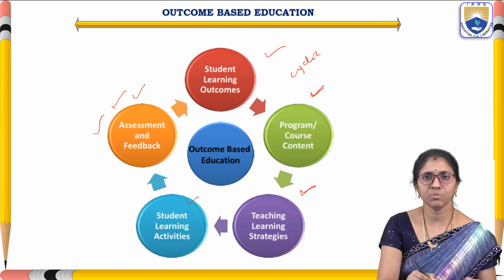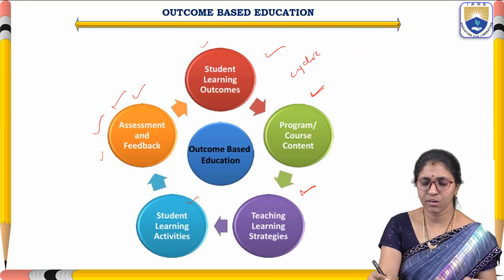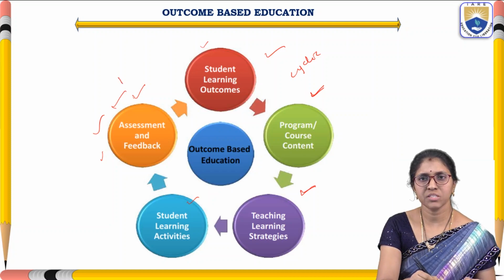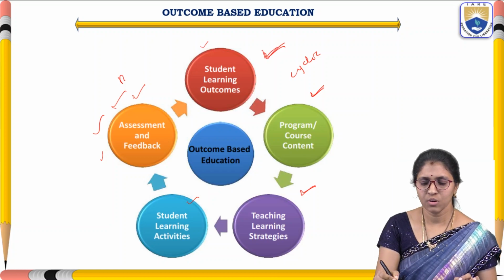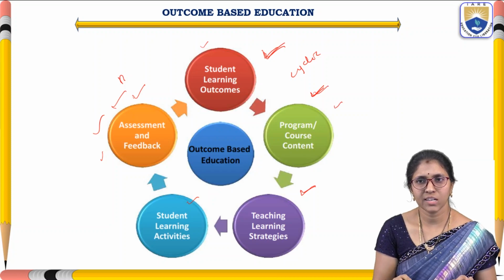Based on the assessment and feedback, we again map with the student learning outcomes and define new program outcomes and course outcomes. So this is a cyclic process.